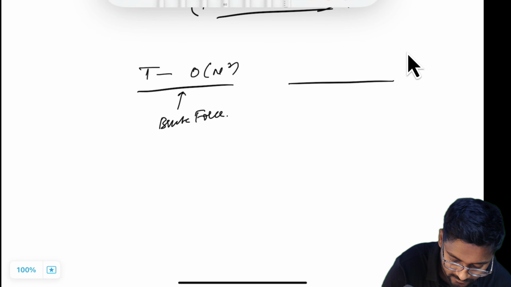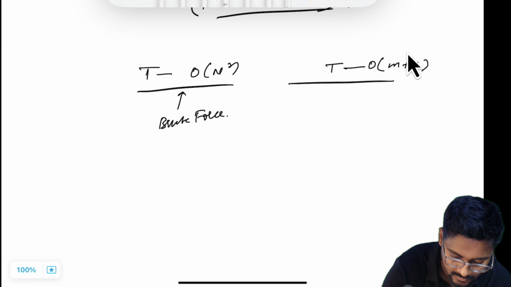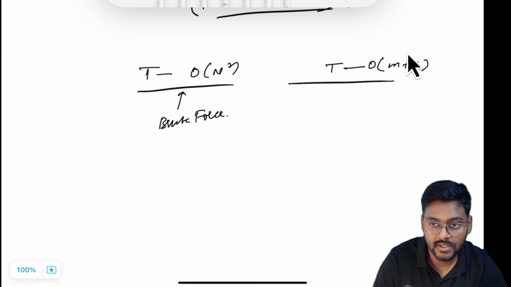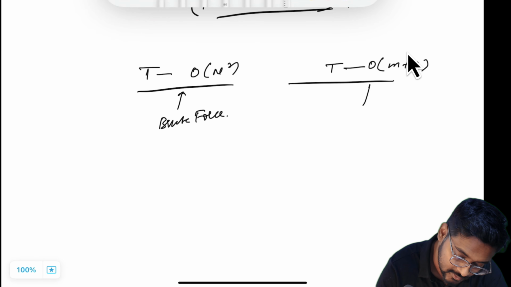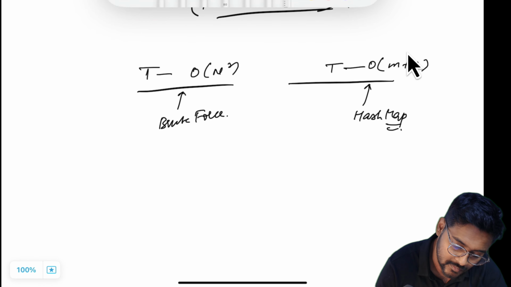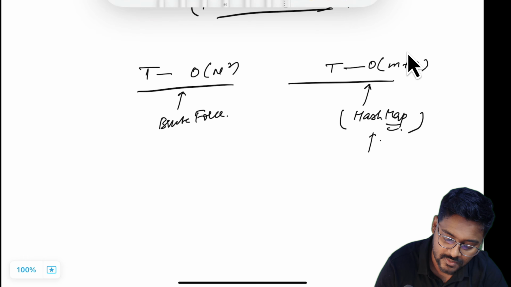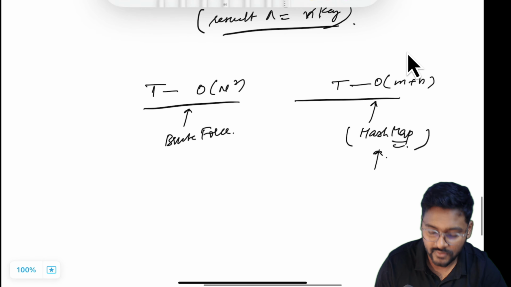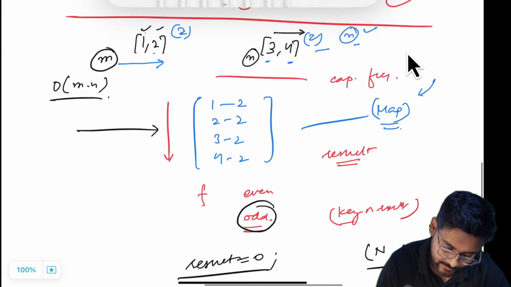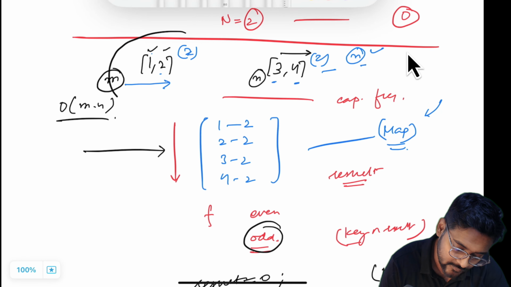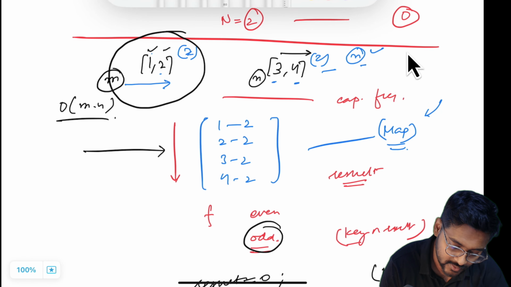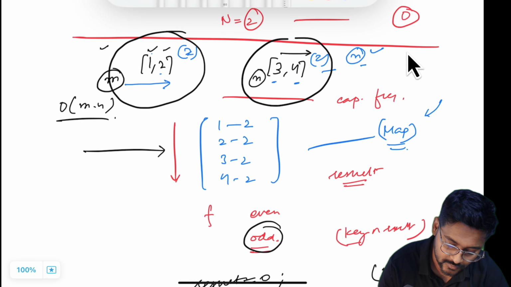But if you are capturing the frequency, it will be m plus n. You are capturing the frequency and then iterating over the key set using a hash map. And I also told you that even the hash map is not required because you already know the frequency of every single element in array 1, which is the size of array 2.